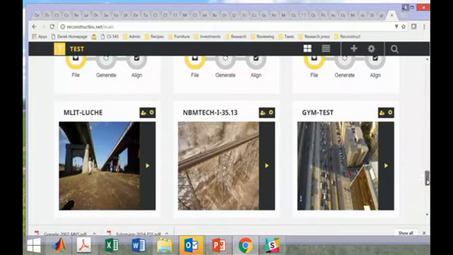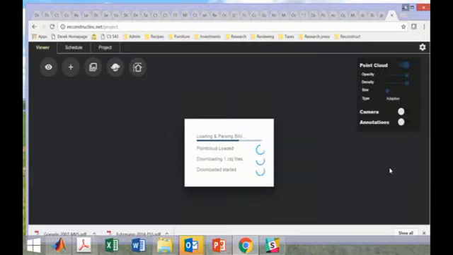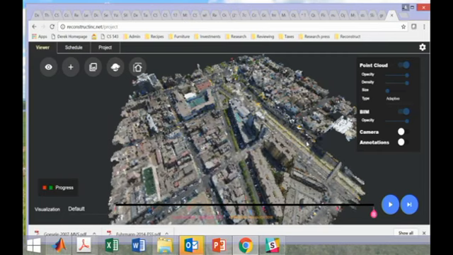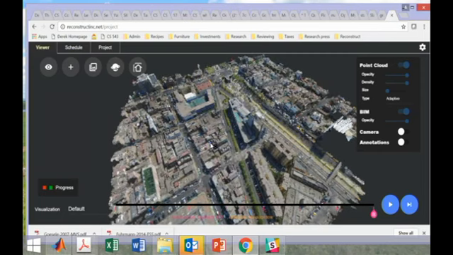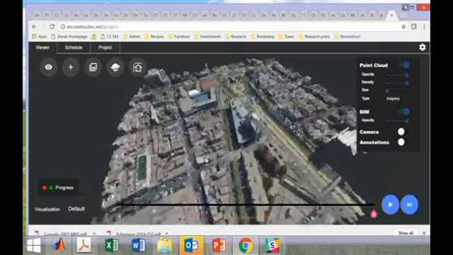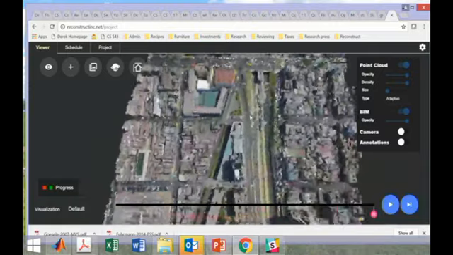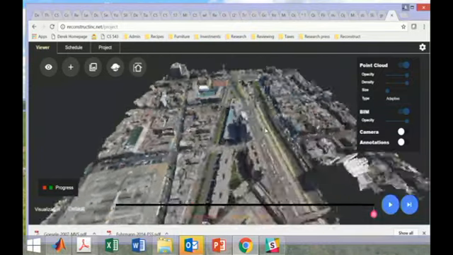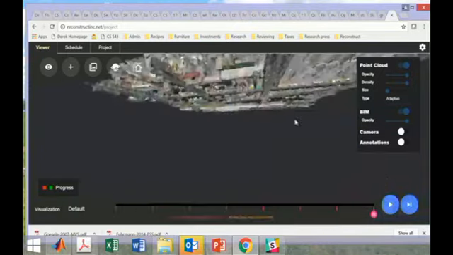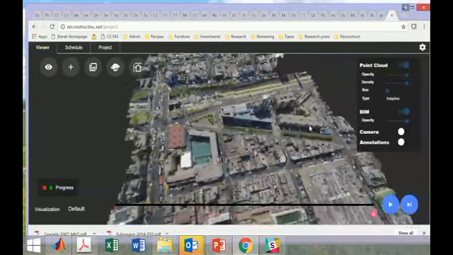I actually don't know where this one came from, but it's kind of cool. So here's an example of a reconstruction. This was done with OpenSfM, or something that involves OpenSfM and MVE. And it's a whole city block.